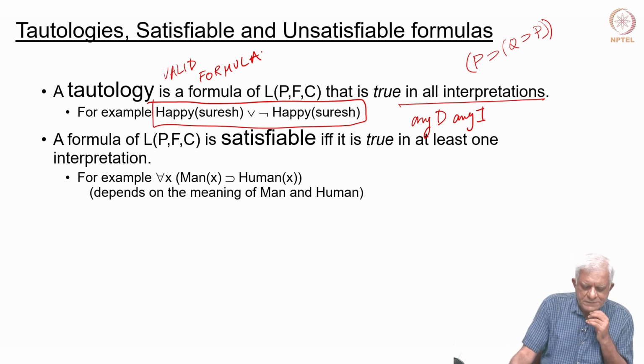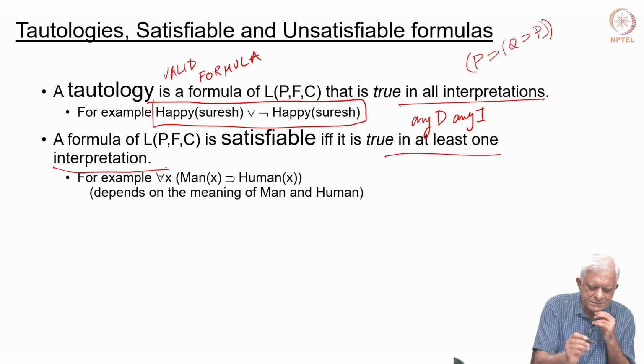So, a formula is satisfiable if it is true in at least one interpretation. For example, all men are human essentially.